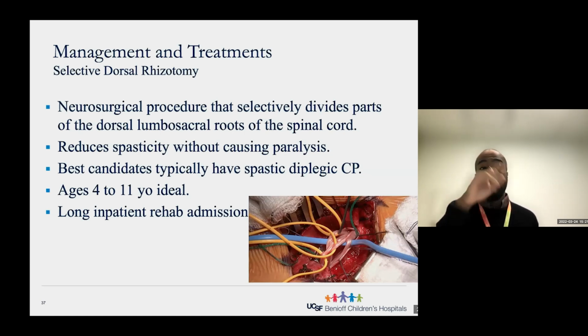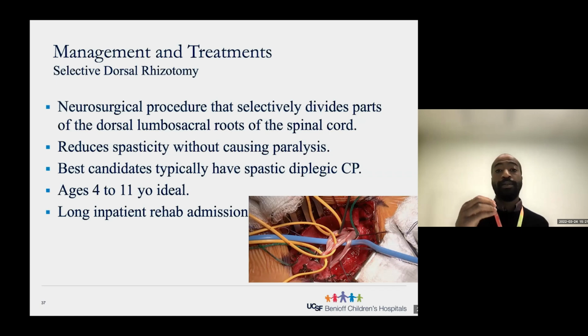The inappropriate regulation of that sensory input is what leads to motor output that is at play for spasticity. And we found that if you selectively cut the sensory input that's coming in, you get better motor control without risking paralysis or paresis.